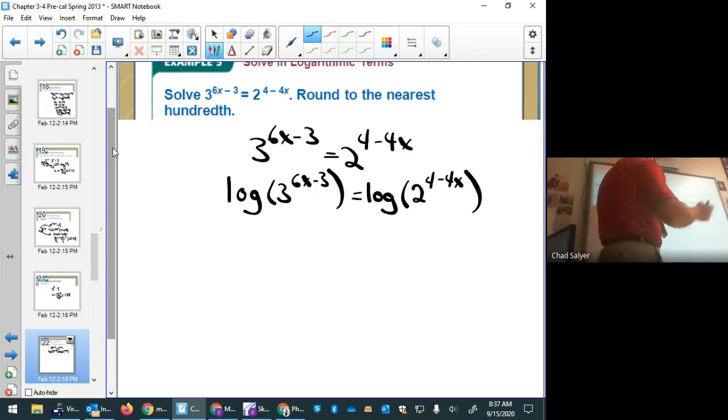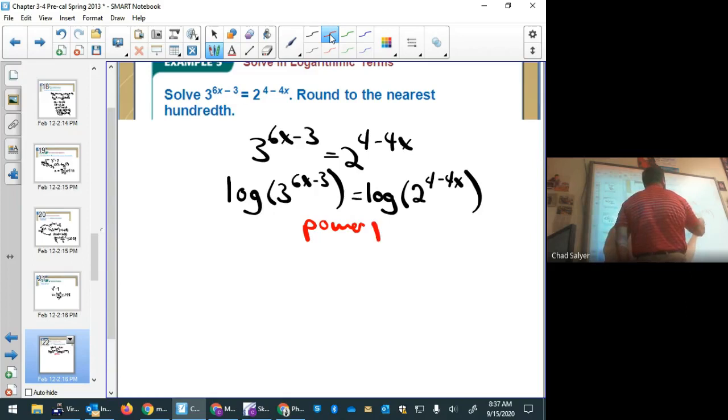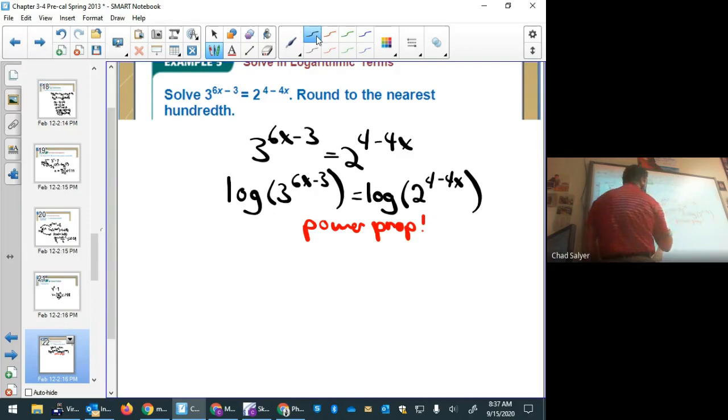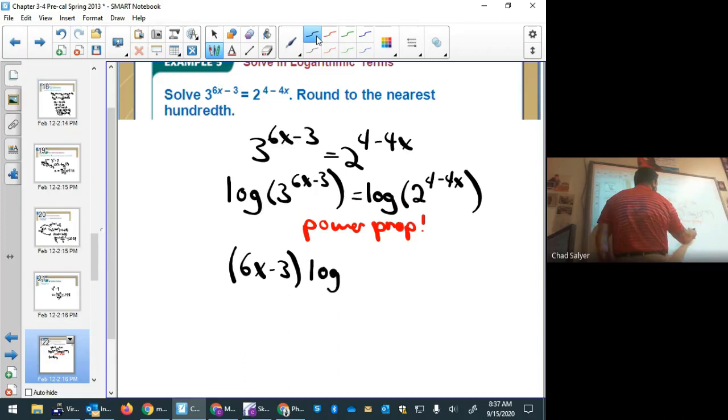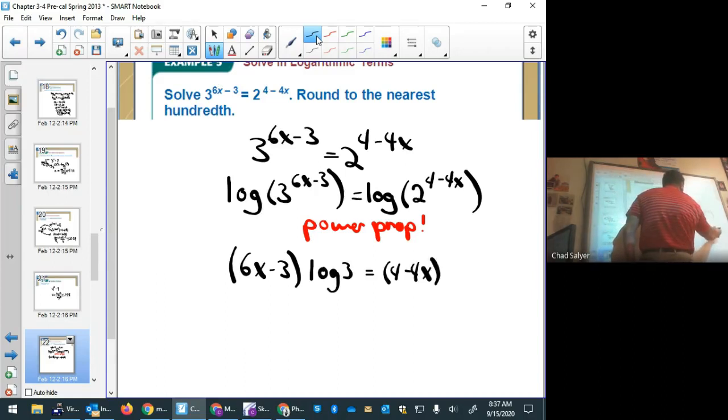Once you have chosen the common or the natural log and taken both sides as the argument of the log, you can now use the power property of logs to move those exponents out as coefficients.